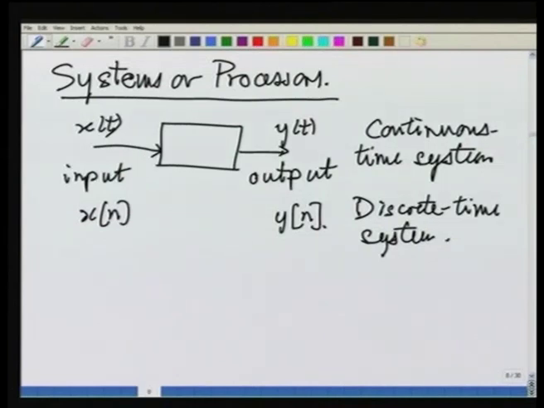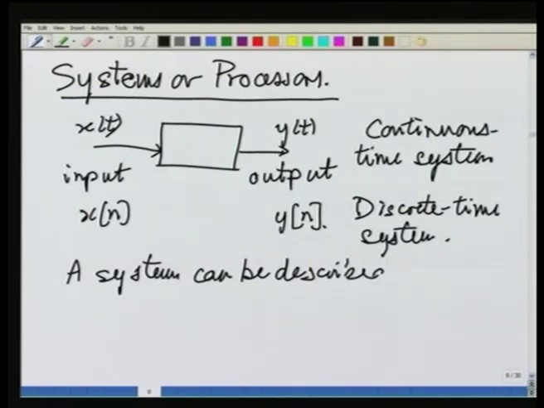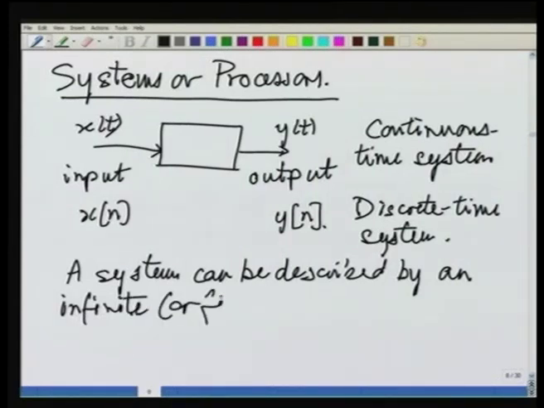Since a system essentially associates every input signal with an output signal, I had also mentioned that in its most generalized form, a system can be described by a lookup table, probably infinite or finite.